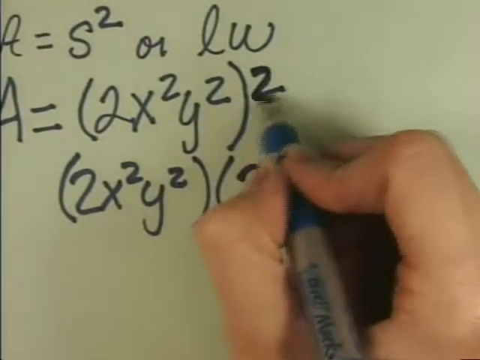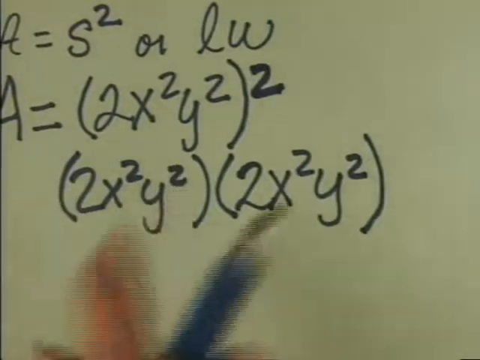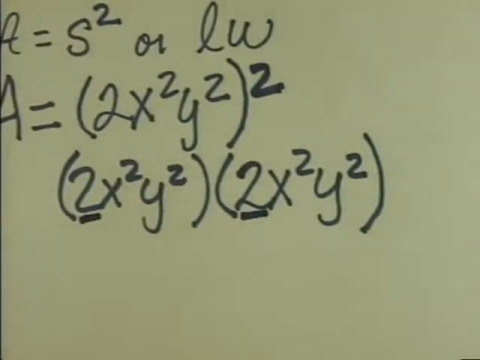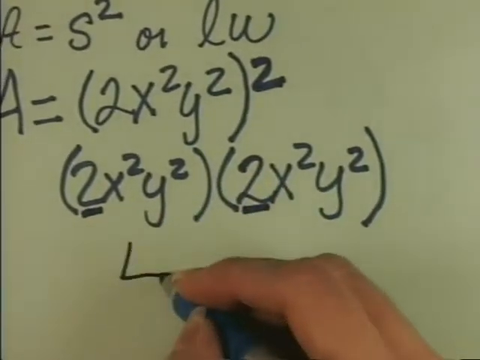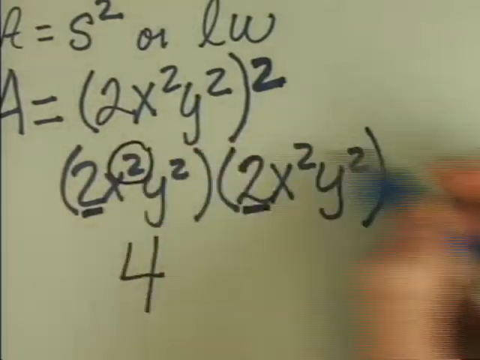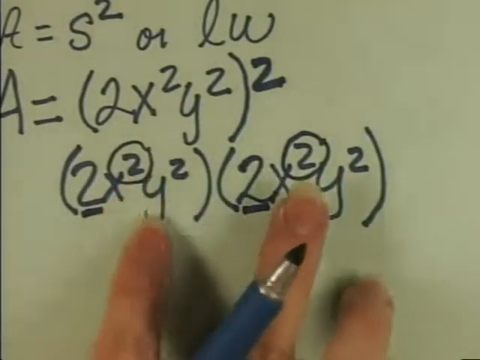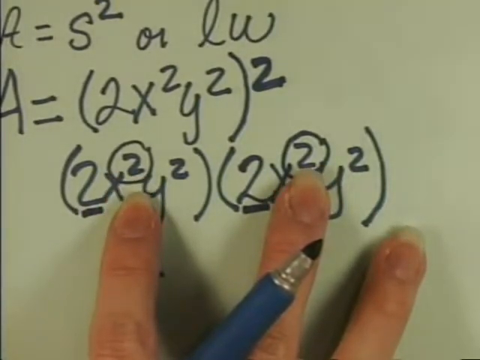So it's squared two times. Now, what are we going to do with the coefficients, the numbers? Multiply them. So what's 2 times 2? 4. And what do we do with the little beady numbers, the exponents? Add them. Good.